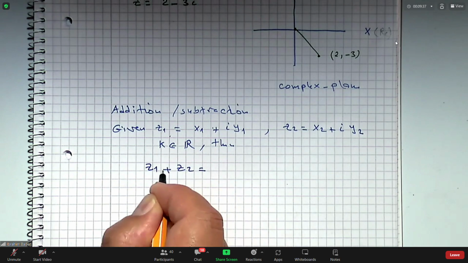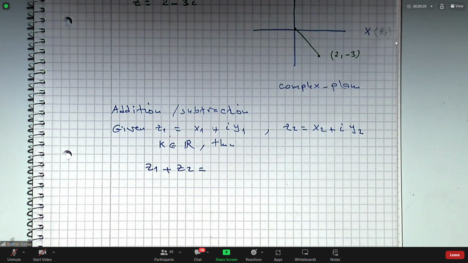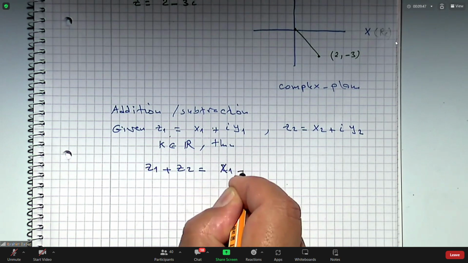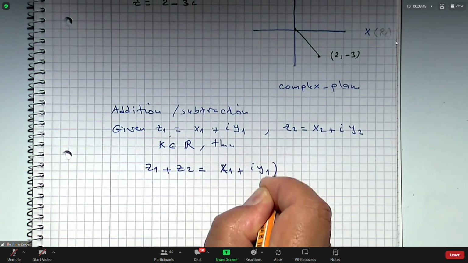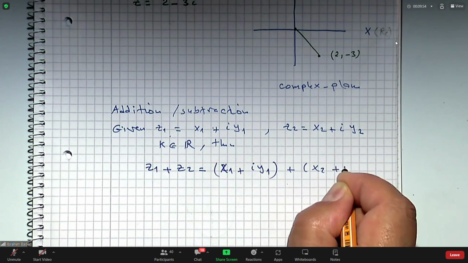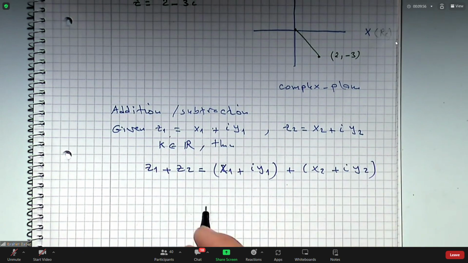I'm just going to use this same addition, and we will put the numbers here. Let me put x1 plus i y1 plus x2 plus i y2. The outcome of this is very simple.